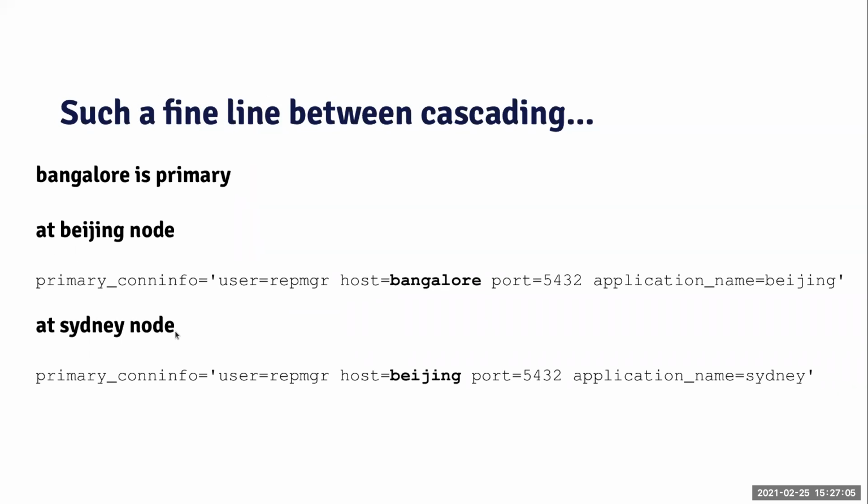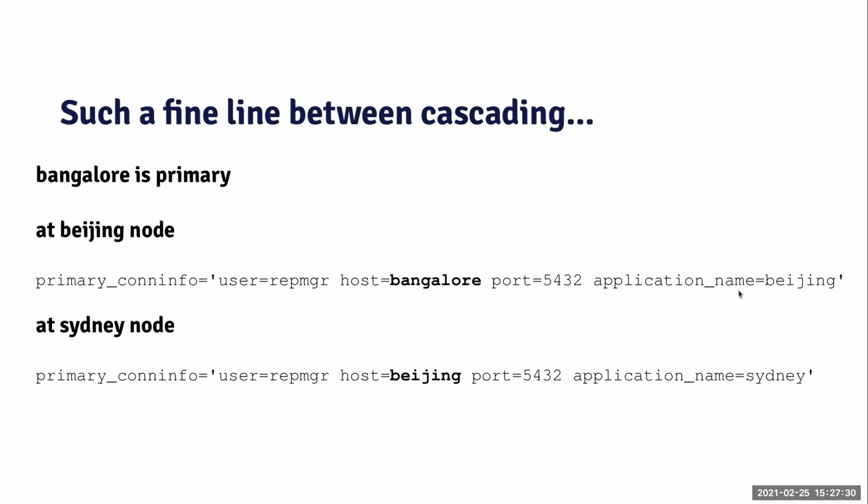So one is going to connect to Bangalore, the primary, directly, and the other one is going to connect to our replica. And that's how you do cascading replication. And it's not more difficult than that. Of course, every node has to identify itself with its own name. So this is important here, the application name, so that the master knows who is connecting. It's not compulsory unless you want to do synchronous replication, which is what we're going to see next.